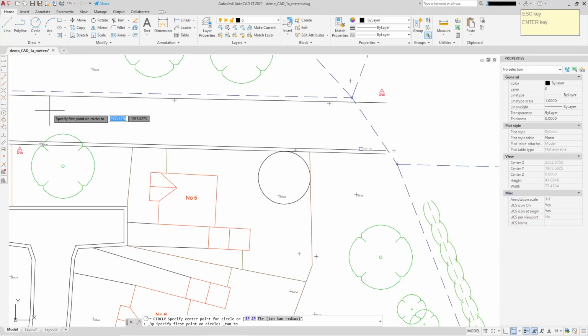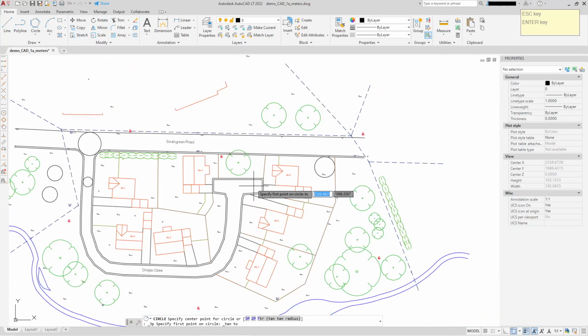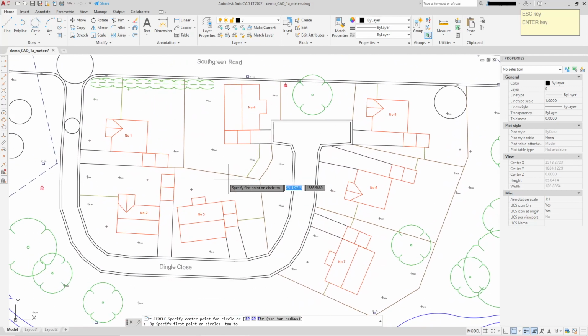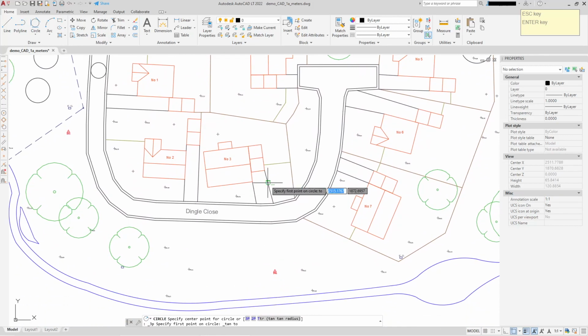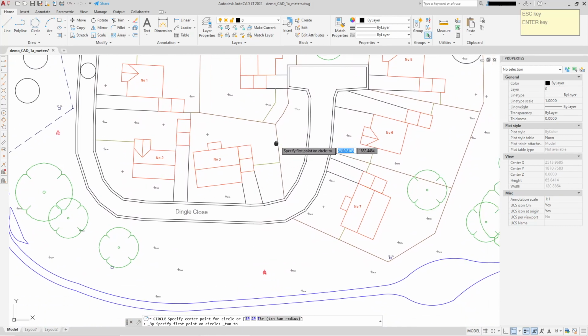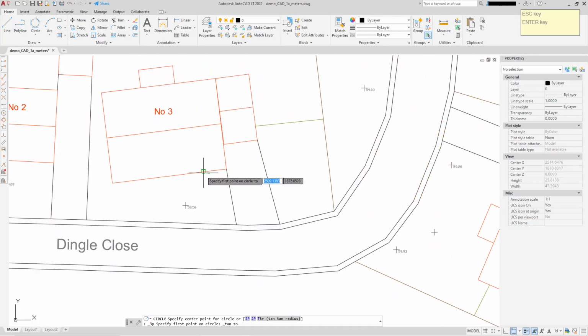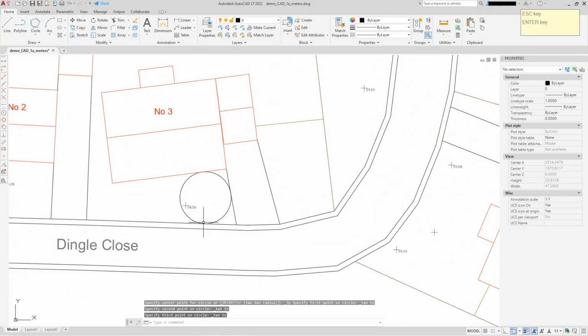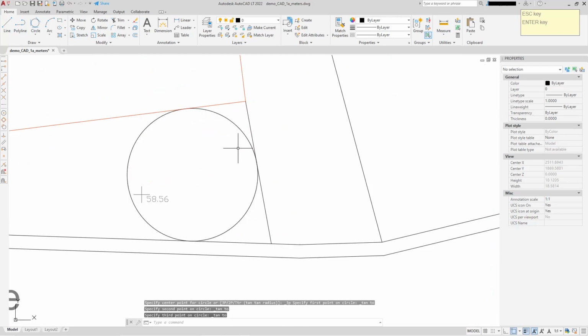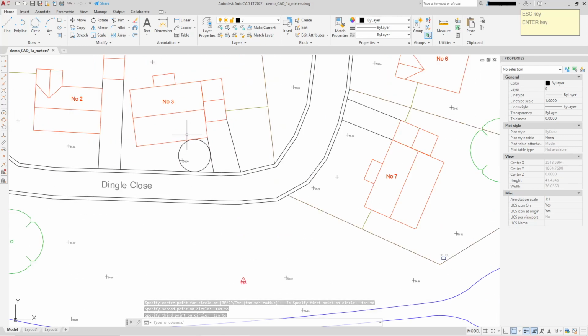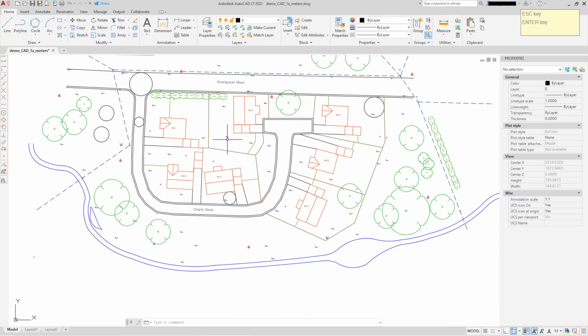And the tan tan uses 3 edges, or 3 points, and it'll do its best to fit them. Sometimes it can't. So if I pick 3 edges, 1, 2, 3, that's gone in nicely. So it does have its uses.